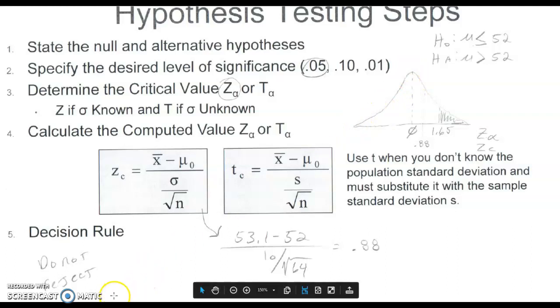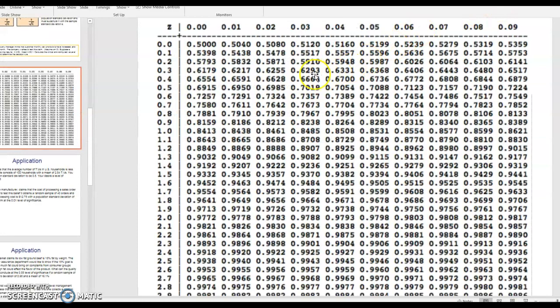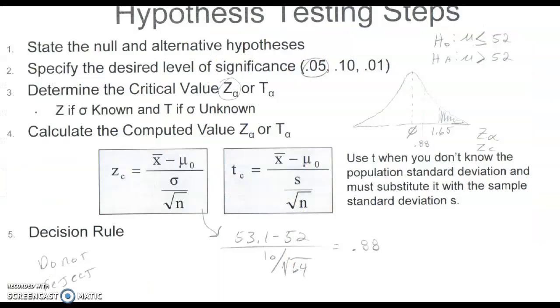Just like before. So let's go to our z table here, and look for 0.95. And it looks like we've got either this one or this one. Let's use 1.65 since it's the one there. So we have 1.65 as our critical z.